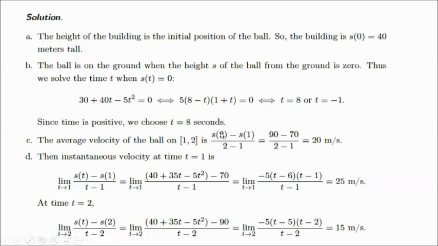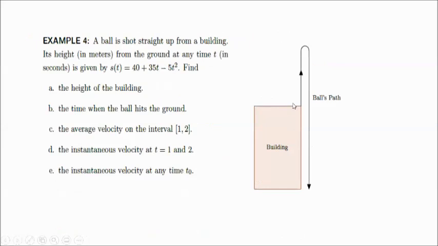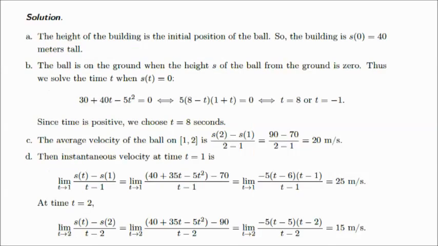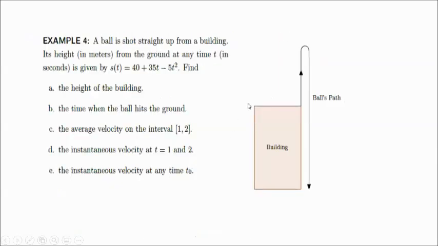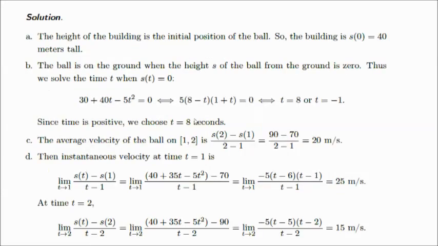Okay, so S of 2 is 90, S of 1 is 70, then 2 minus 1. So we have 20 meters per second yung average velocity kapag 1 to 2 yung interval, yung seconds. Instantaneous velocity naman, class, ito yung sinasabi ko. Kapag time is equal to 1 second, ano yung velocity at that instant? So yung formula natin, dito nag-a-apply ng limit.